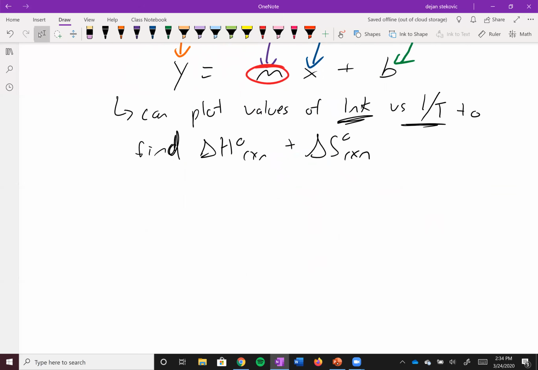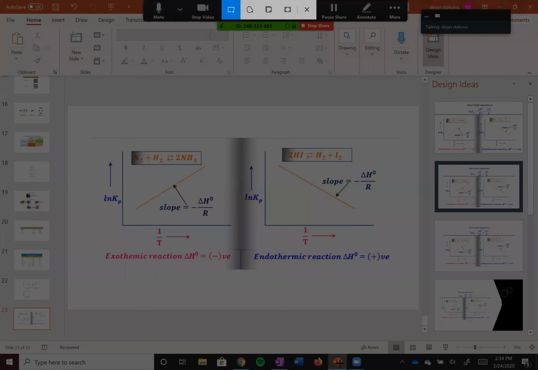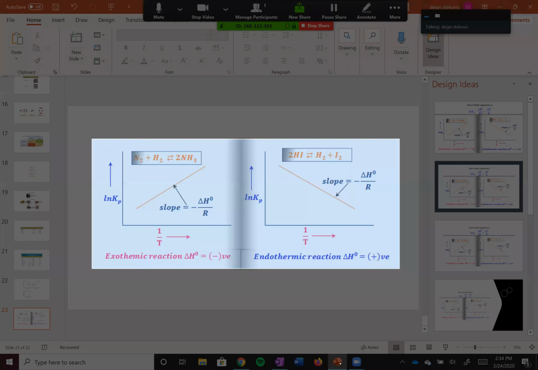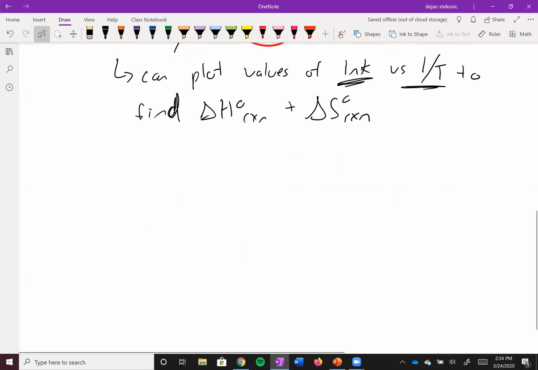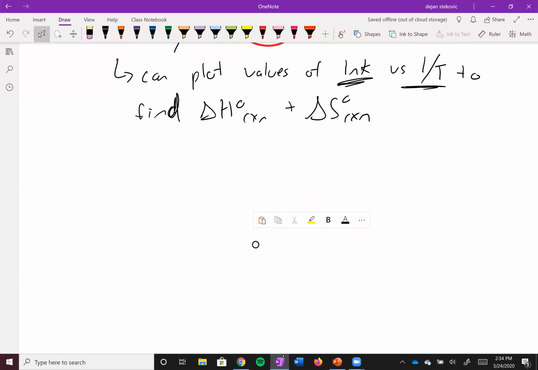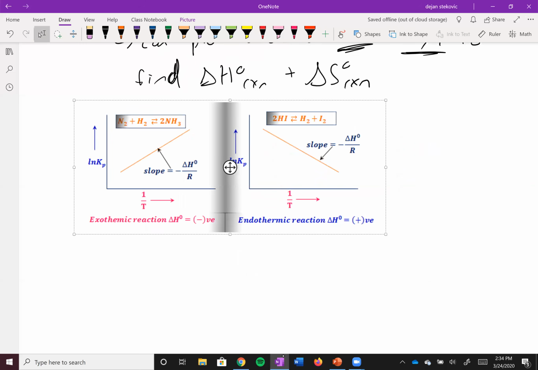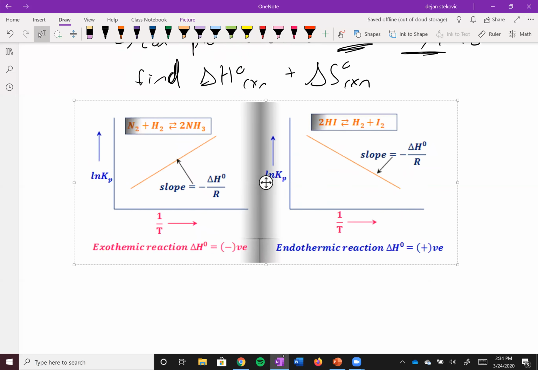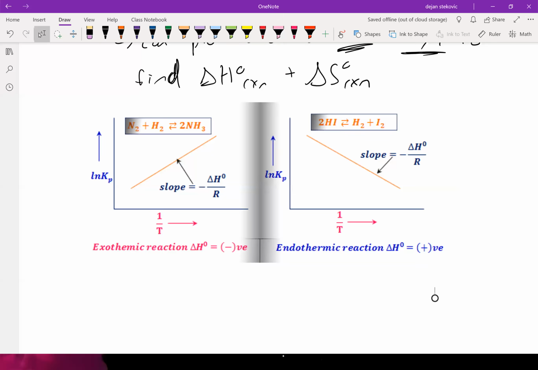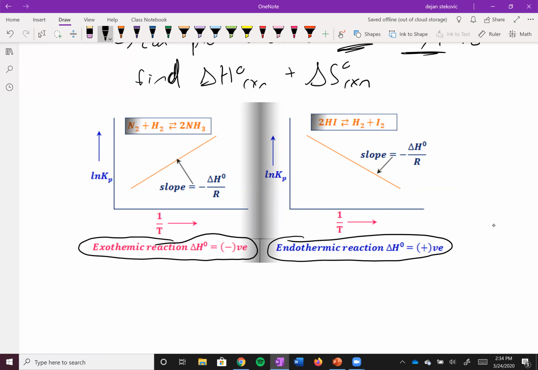So if you think about what a plot of this might look like, you can think about it this way. We have on the left hand an exothermic reaction where this delta H is negative, and then on the right hand side endothermic where the delta H is positive, right?